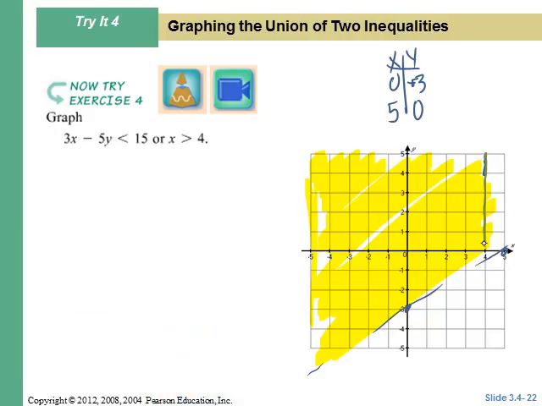Here's my line at 4. Oops, and it should be dashed. And then try the point 0. Is 0 greater than 4? No, so we're not going to shade the 0 side of the line. We're going to shade this side of the line. And the region that is unshaded is this region right down here.